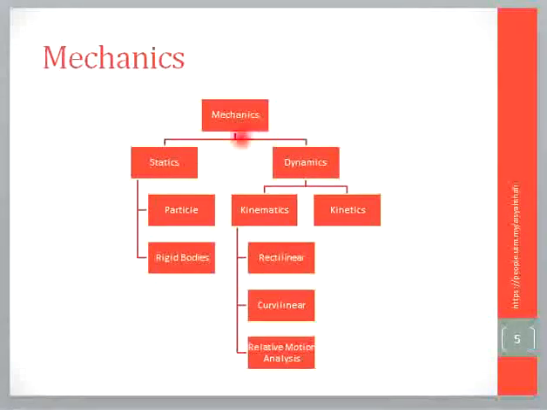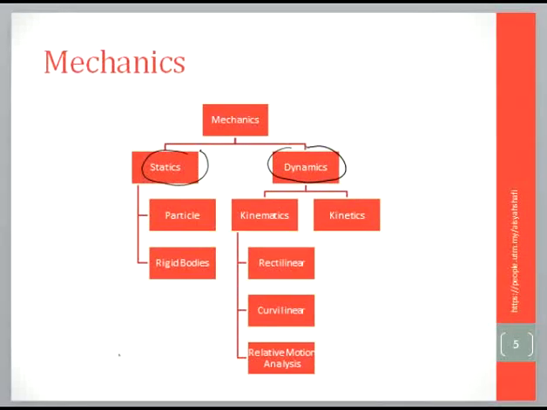In mechanics there are two parts, that is static and dynamic. Static is the branch of mechanics that is concerned with forces in equilibrium, and dynamic is the branch of mechanics that is concerned with the effect of forces on a moving object.